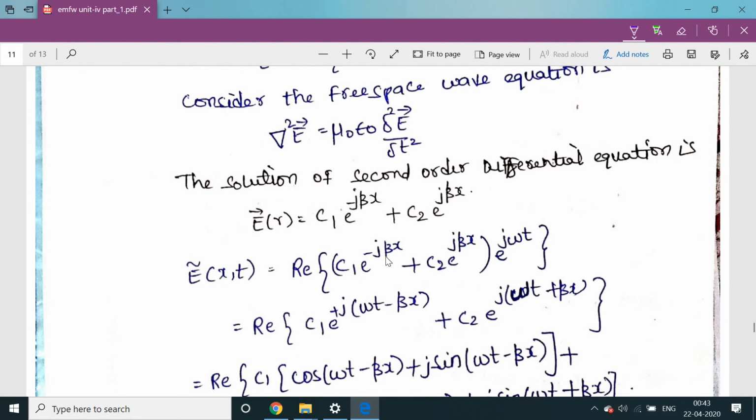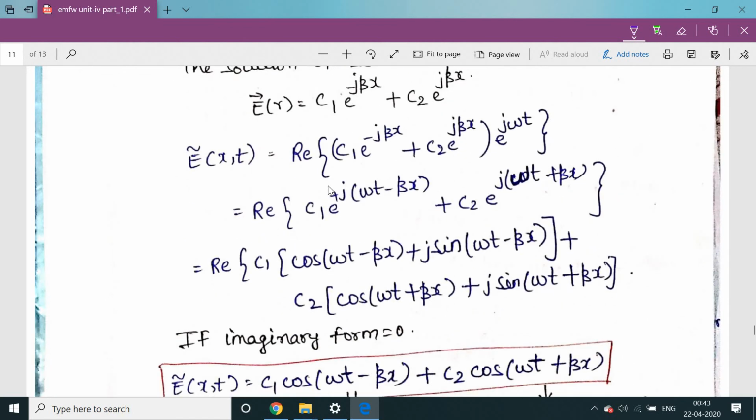Now if you solve this, here we get omega t minus beta x, and omega t plus beta x. So e power j theta can be written as cos theta plus j sin theta. Theta here is omega t minus beta x. So these two are the imaginary terms.